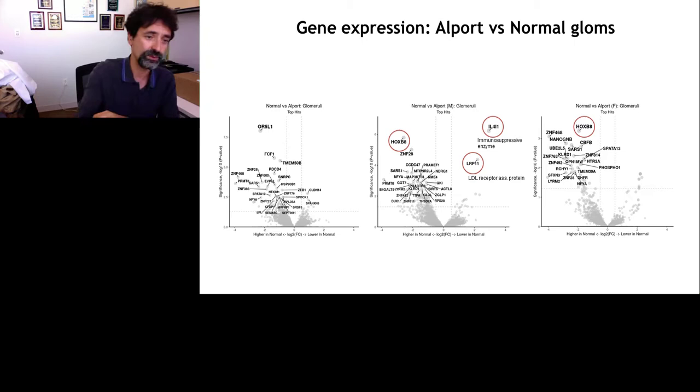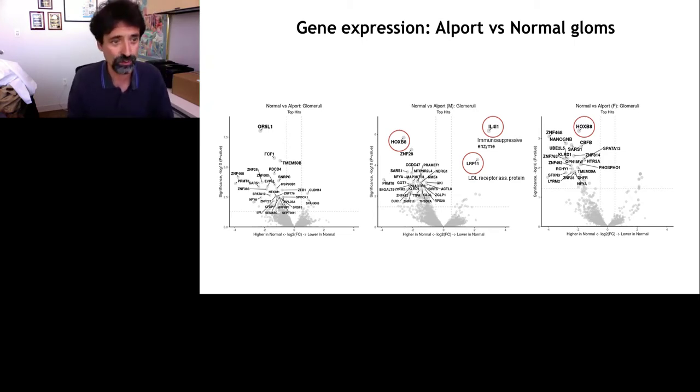And on the y-axis, we have the statistical significance. So the ones in the top left and top right are the genes that are more differentially expressed between normal and Alport syndrome. And we were able to identify some genes that we knew to be differentially expressed. And importantly, we found differences also between the two patients.